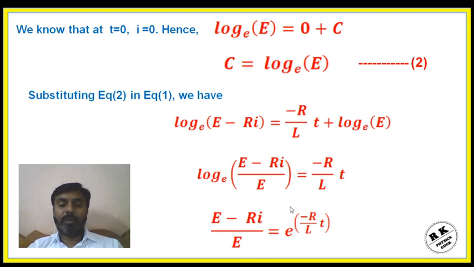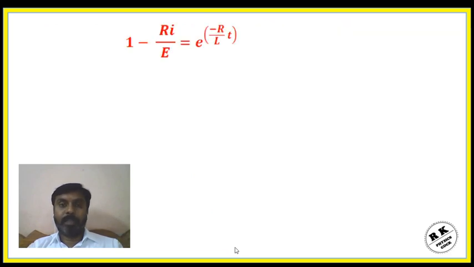We are going to rearrange these terms. So if we divide the LHS, E by E becomes 1, minus Ri by E. We are going to write it in the next slide. So the next equation becomes 1 minus Ri by E is equal to e to the power minus R by L times t.